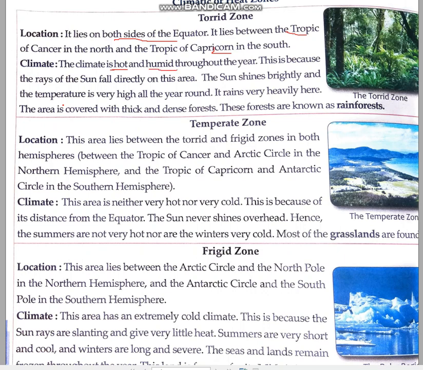That is why the climate is humid here also. The sun shines brightly because it receives direct light of the sun. Temperature is always high for the same reason, that it receives a very good amount of sunlight, and that is why it rains heavily here.